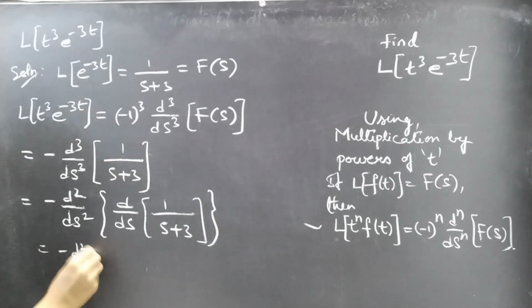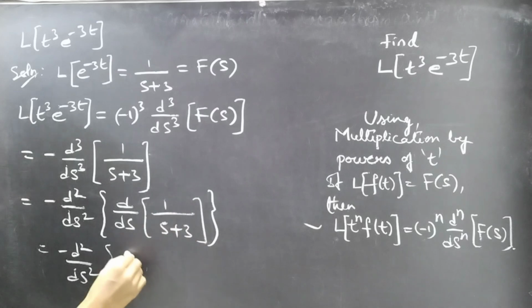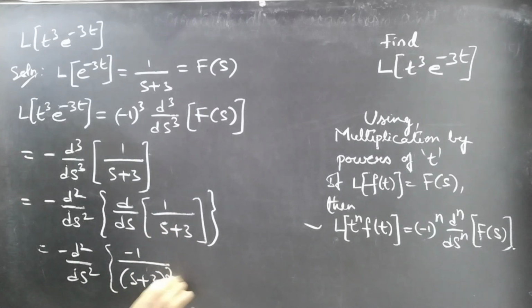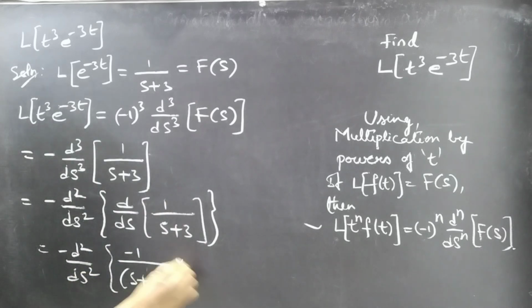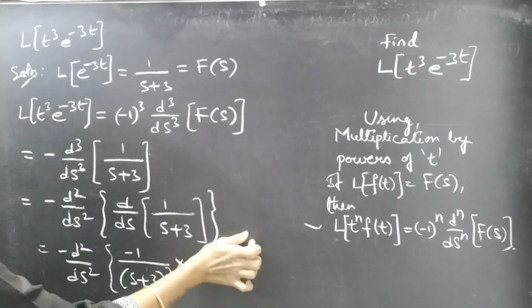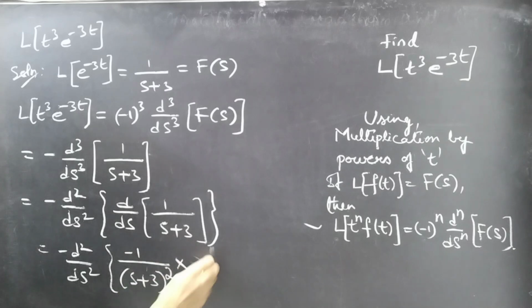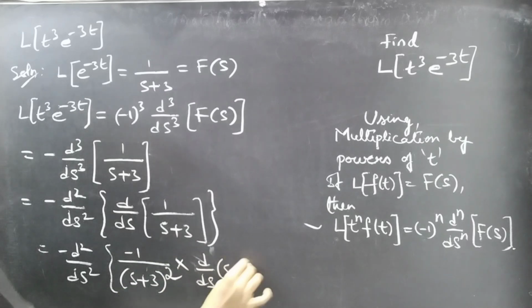This is equal to minus d square by ds square of, derivative of 1 by s plus 3 is minus 1 by s plus 3 whole square into inner derivative. Derivative of s plus 3 with respect to s is 1, or we can write this as d by ds of s plus 3.